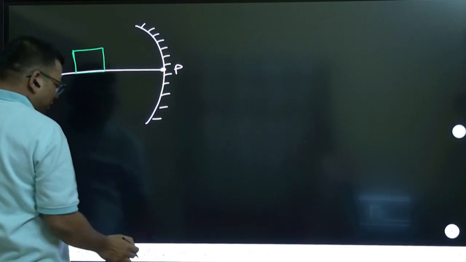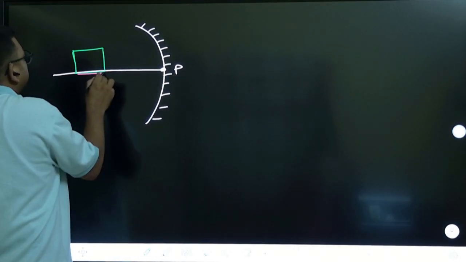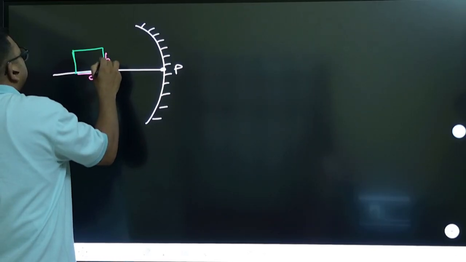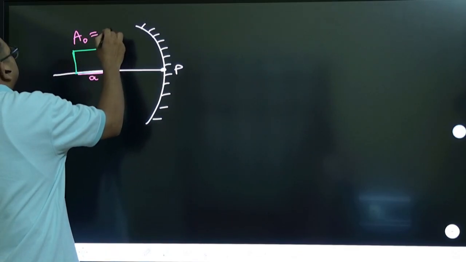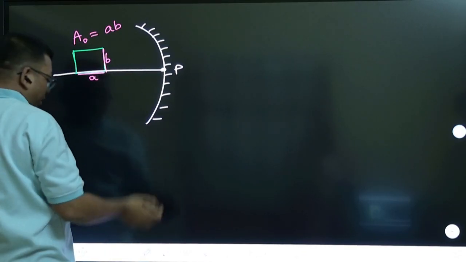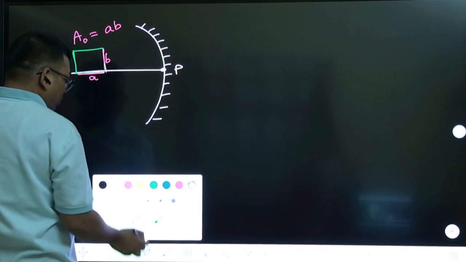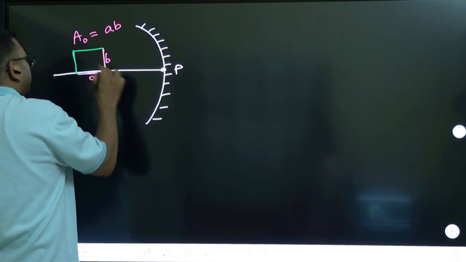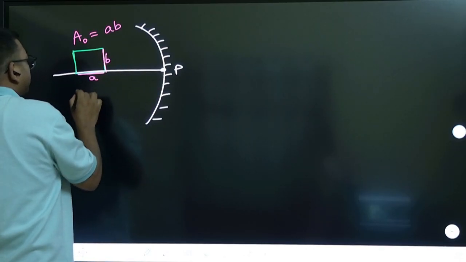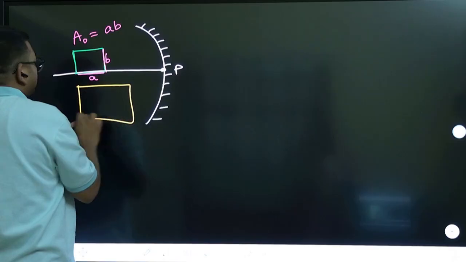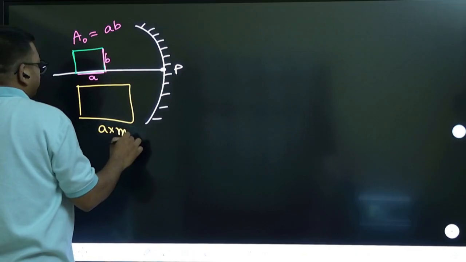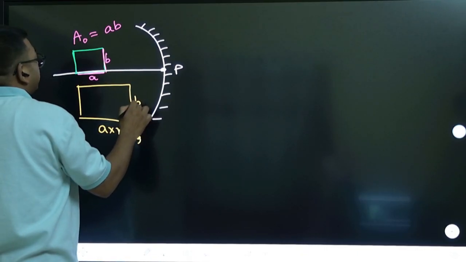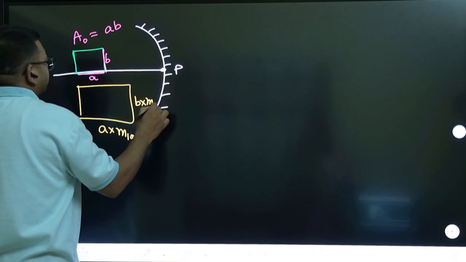So if you see this length let us say is A, and this length is B. Okay, so the area of the object is A into B, but the image will be formed, this side A is parallel to axis, B is perpendicular, so that rectangle will become A into longitudinal magnification, and B into lateral magnification.